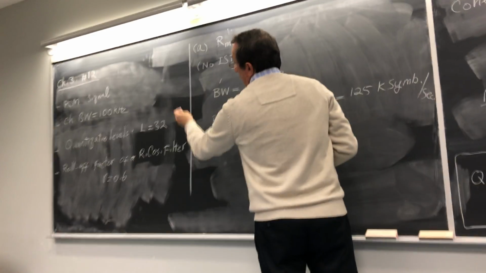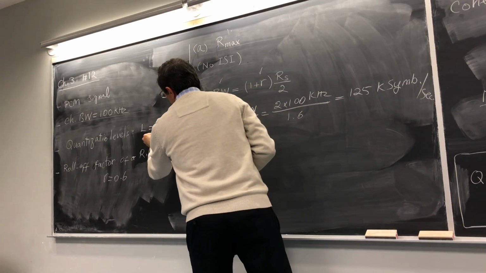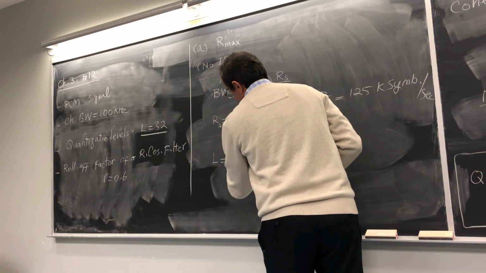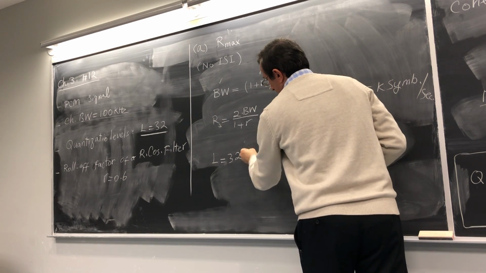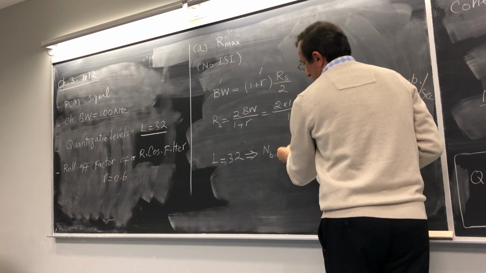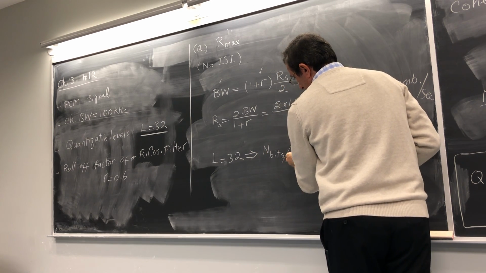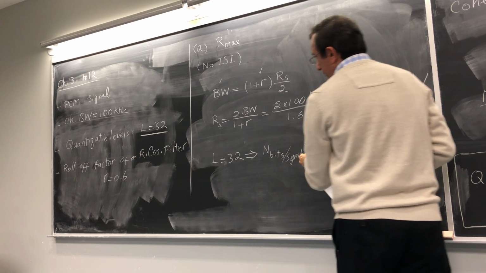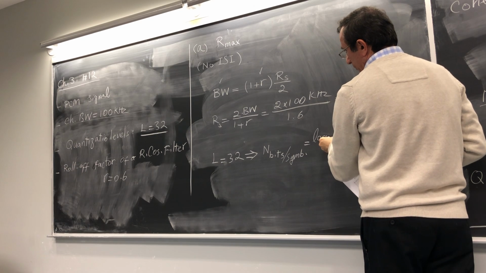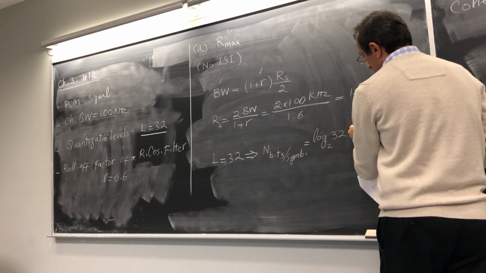And now we know that the number of quantization levels is 32 levels. This means that the number of bits per symbol would be log 2 of 32, and that would be 5 bits.